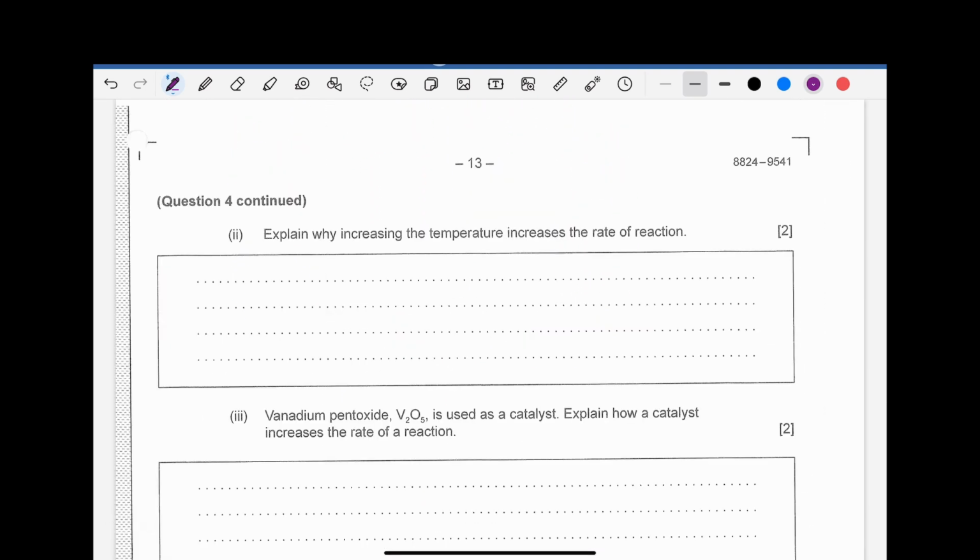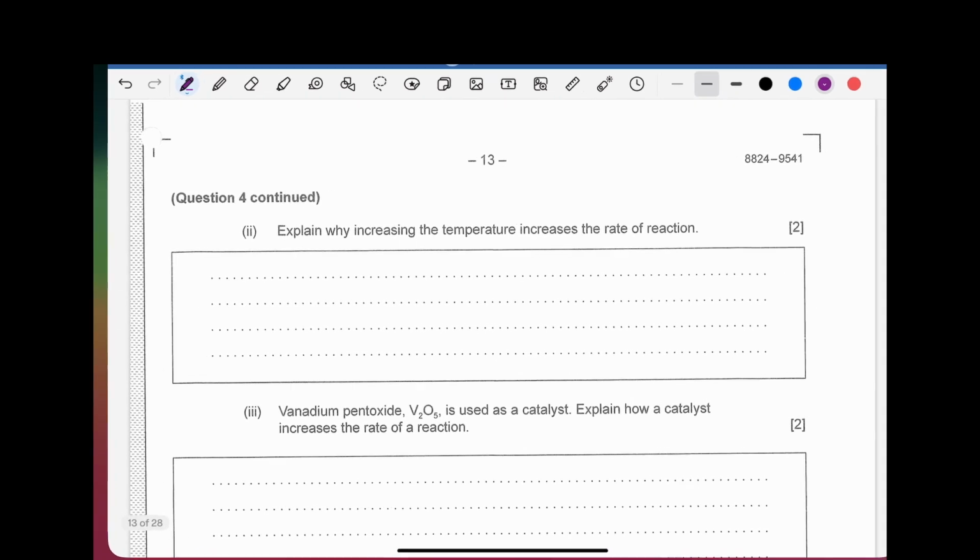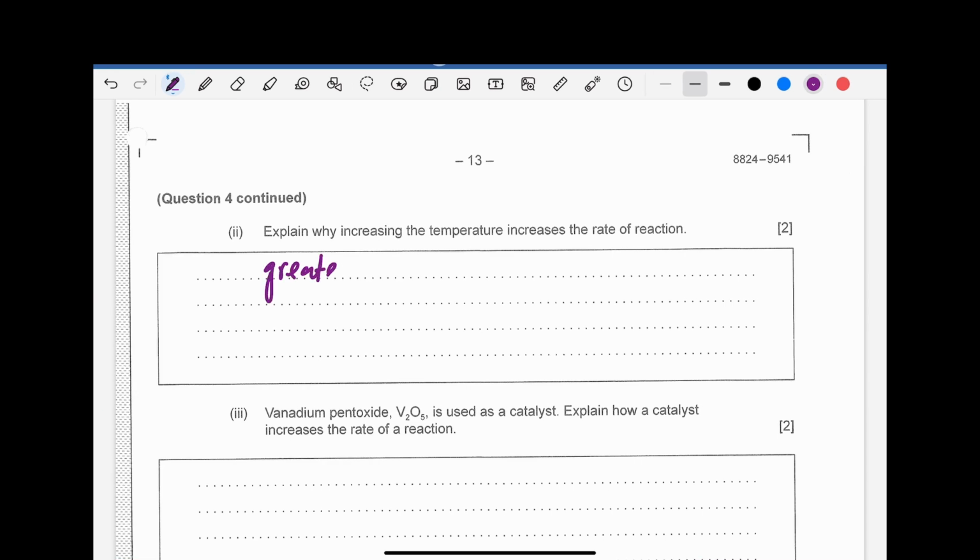Explain why increasing temperature increases the rate of reaction. The reason is that particles gain kinetic energy. So more particles will have energy higher than the activation energy. So a greater proportion of molecules with energy greater than or equal to the activation energy.